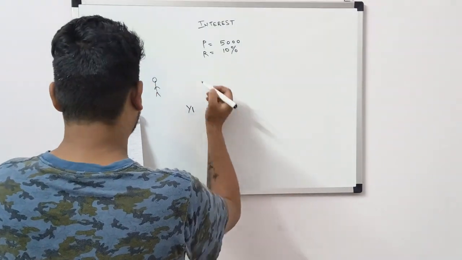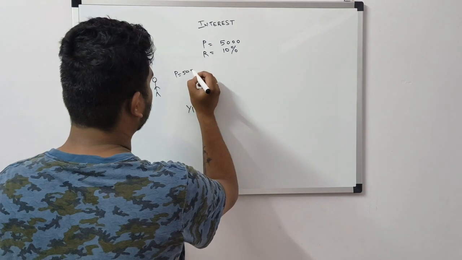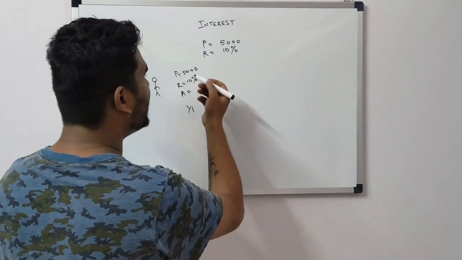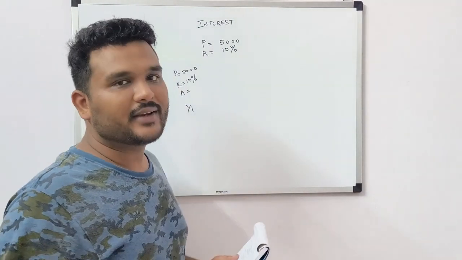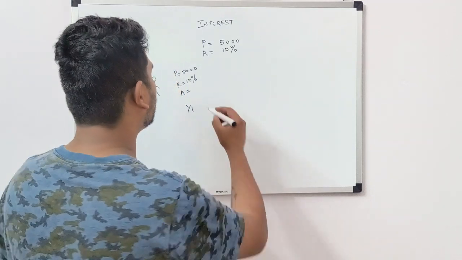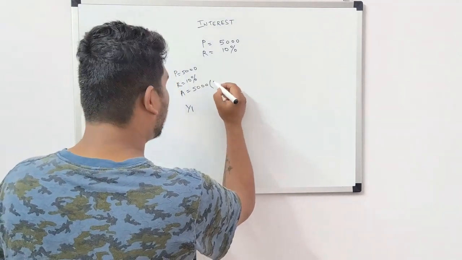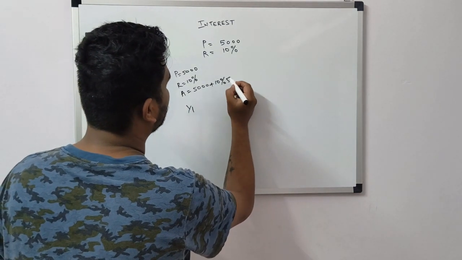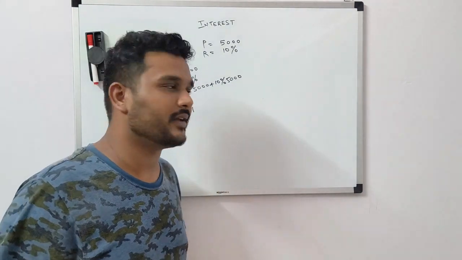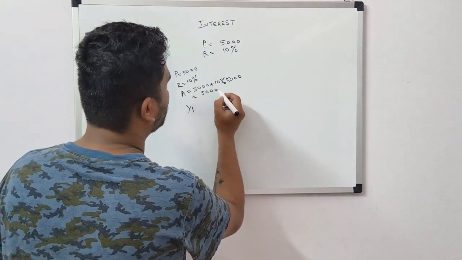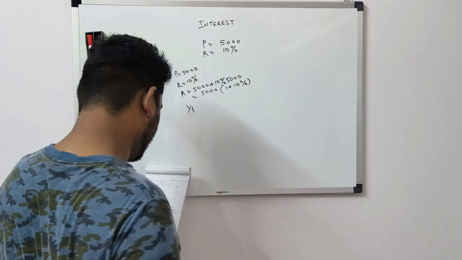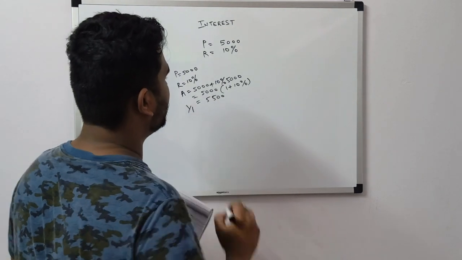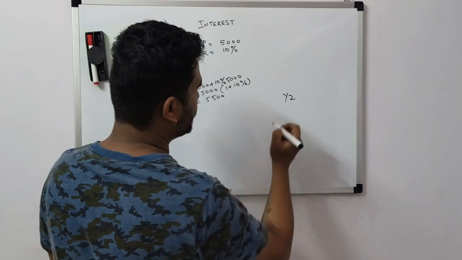For year 1, the principal is 5,000 and the rate is 10%, so we need to understand it in a way that we can calculate all of this very quickly. The amount will be nothing but 5,000 plus 10% of 5,000, because this is what we understood, that you have to pay 10% extra every year. So this turns out to be 5,000 times 1 plus 10%, which becomes 5,500.